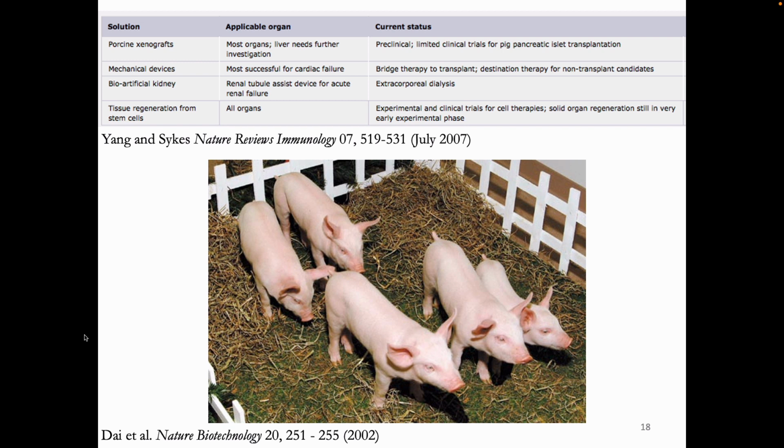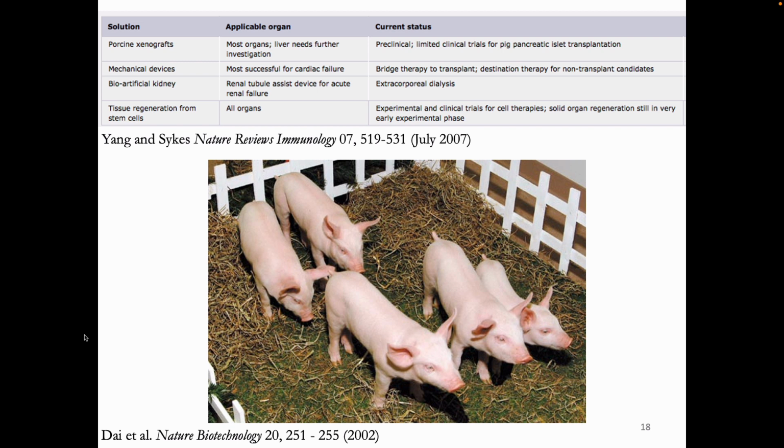So can we get new organs to grow from stem cells? Or can we make mechanical devices or other kinds of machines that can do these functions, either as an actual mechanical device or a bioartificial one? If a person needs a kidney, can we grow them a kidney? Can we make a machine kidney for them that we put in?